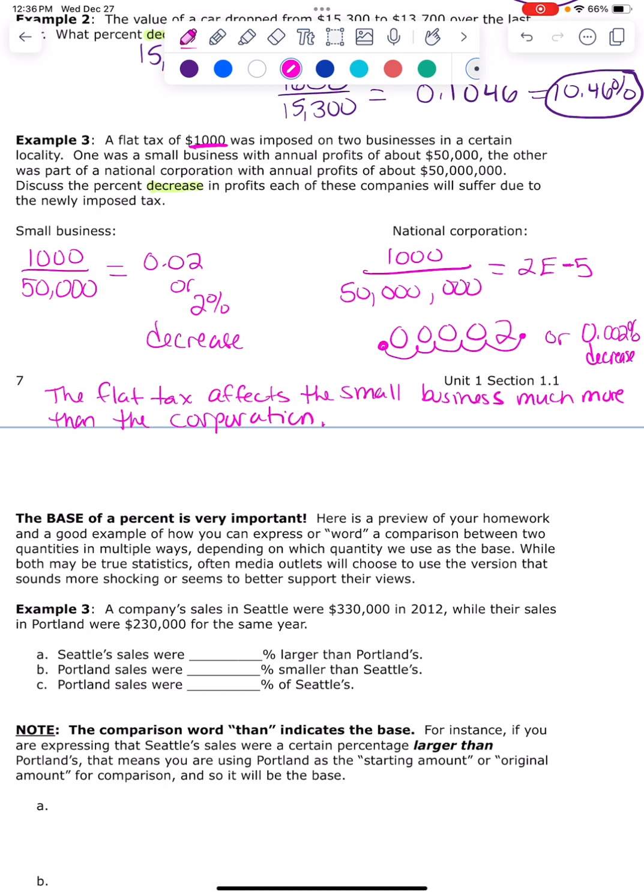And to make it more fair, it should be a percentage of their profits instead of a flat tax, because with the flat tax, the small business gets hurt by it much more than the big corporation. $1,000 for the big corporation is nothing, whereas $1,000 for a small business is quite a bit.